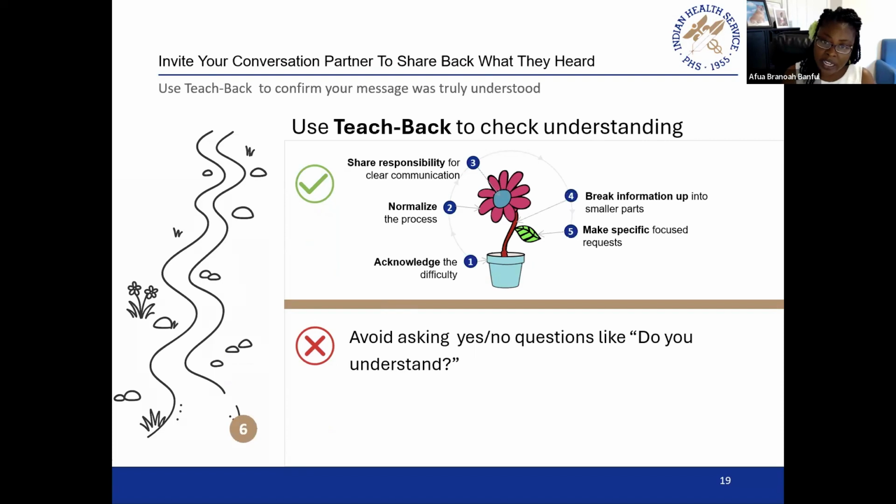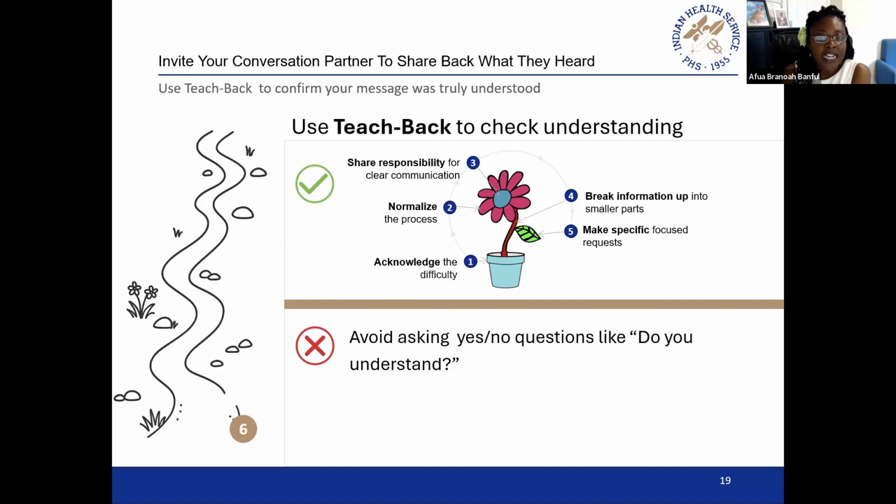And for the final step, it's teach back. We did teach back in some detail, so I've just brought back our flower. Remember when we are talking about teach back, you want to acknowledge that what you are talking about is challenging. This is not their everyday world, right?